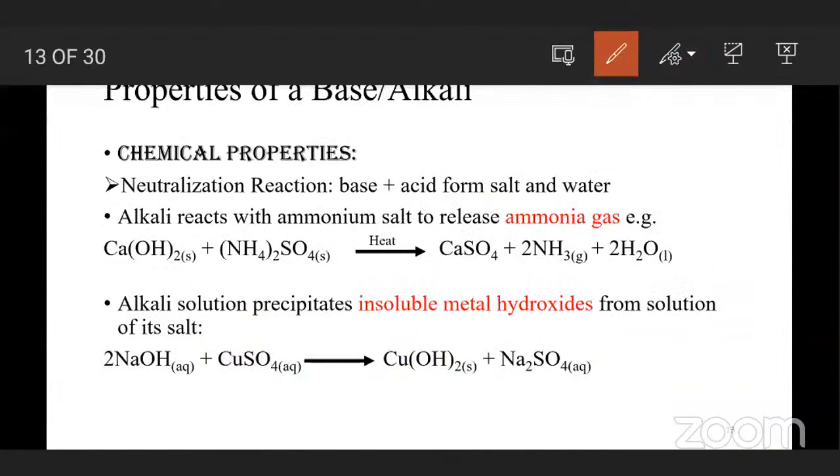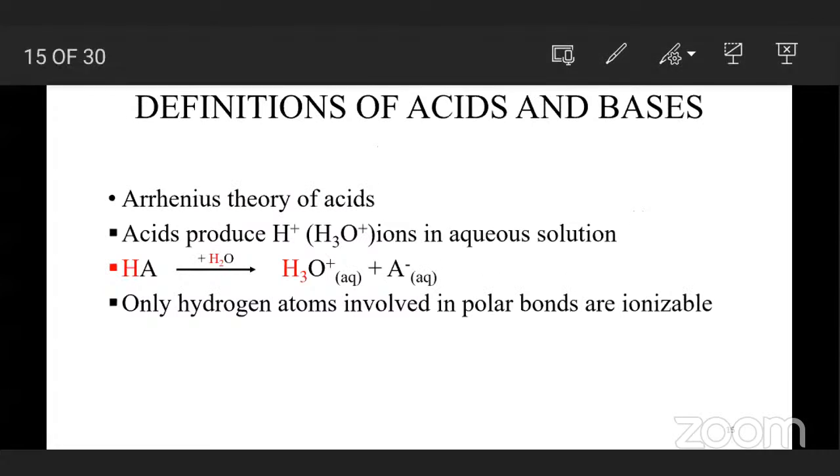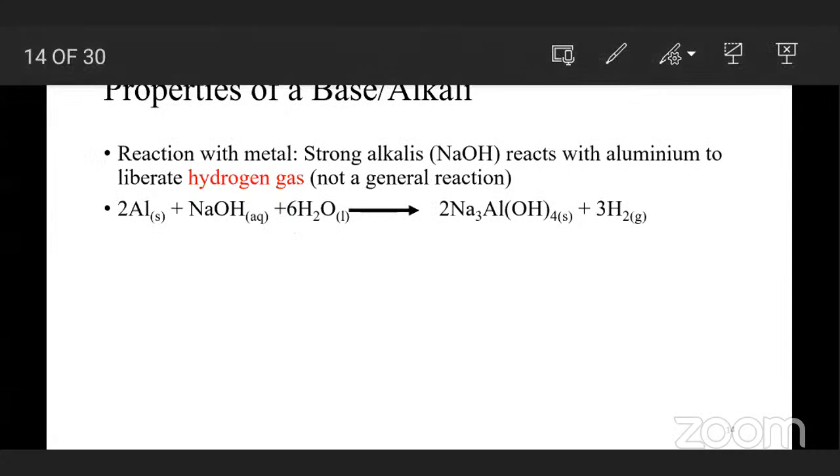So all these properties are general properties of an alkali or a base, but there are some properties that are not general. For instance, the reaction of an alkali, especially sodium hydroxide, with aluminium. Normally, most alkalis and bases don't liberate hydrogen gas, whether they interact with a metal or so.